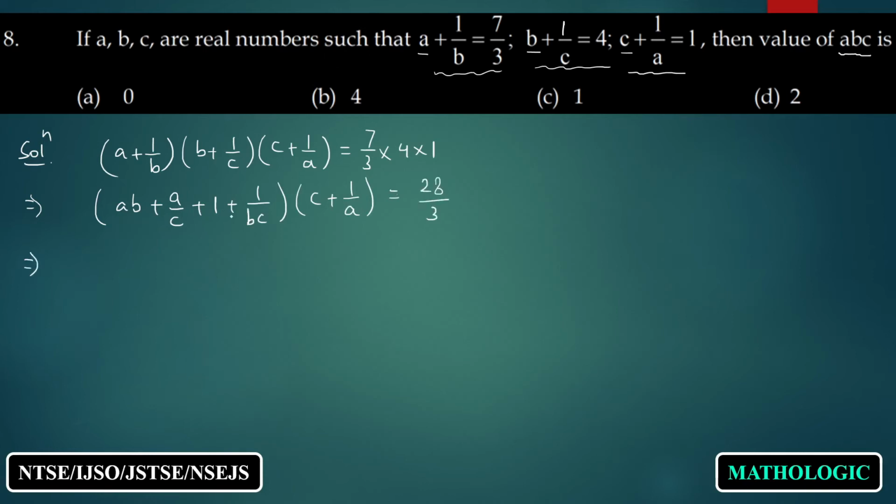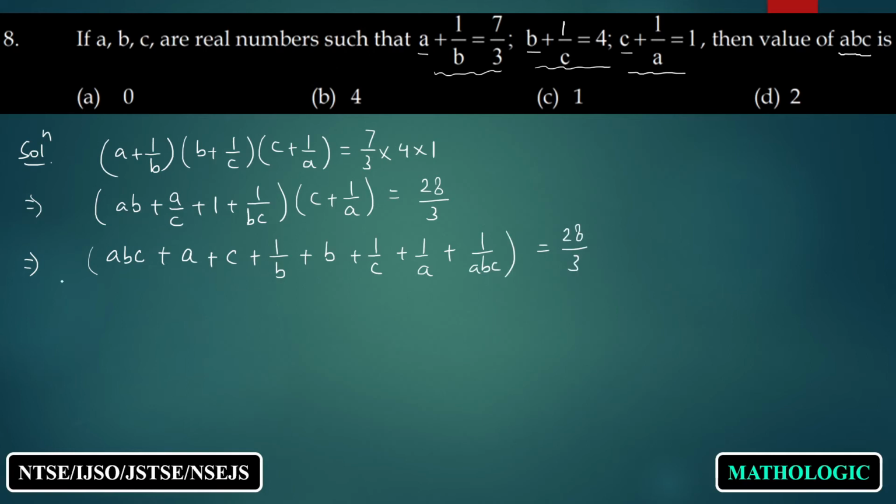Further solving the left hand side, multiplying this bracket with the second bracket, we can write abc, and multiplying c with this, we get a only, plus c plus 1 over b. Multiplying 1 over b with all these terms, a and a cancel, only b here, and a and a cancel, plus 1 over c only here, and here 1 plus 1 upon a, and 1 upon abc is here, which is equal to 28 by 3.